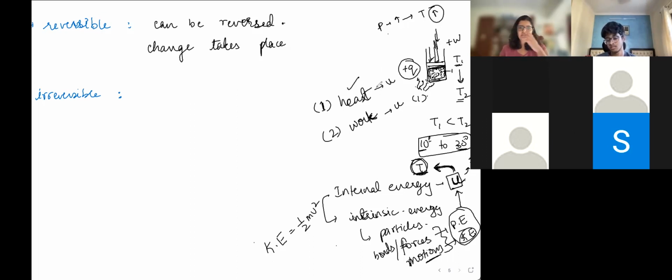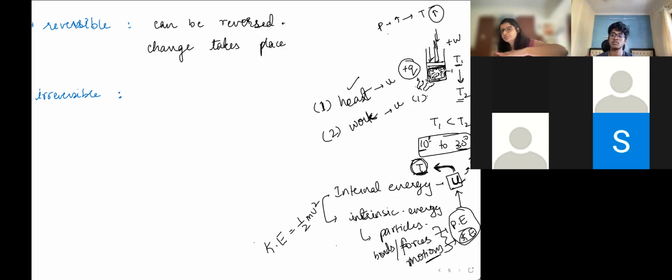When I'm doing work on this, I'm basically pushing the piston, right? So I'm not increasing the pressure straight away from, I don't know, 1 bar to 2 bar. When I'm pushing it, I can push it to 1.1, 1.2, 1.3, 1.4 bar. Accordingly, the conditions inside will change.